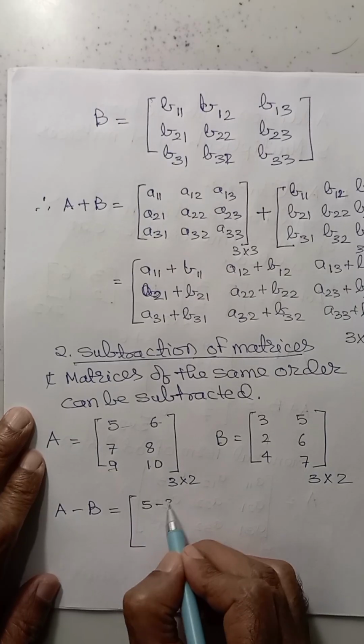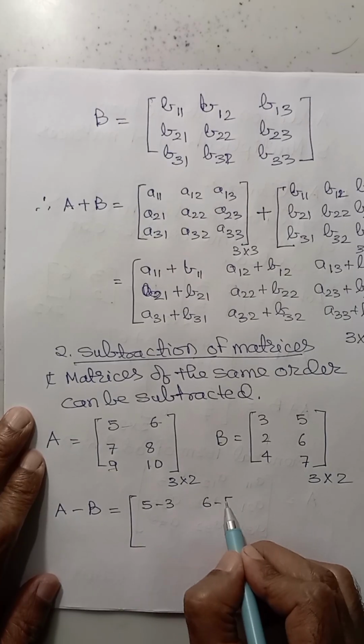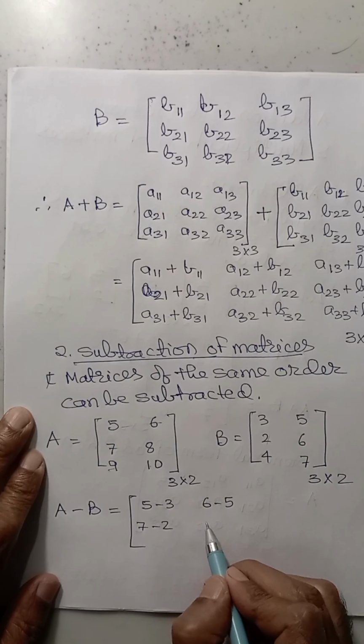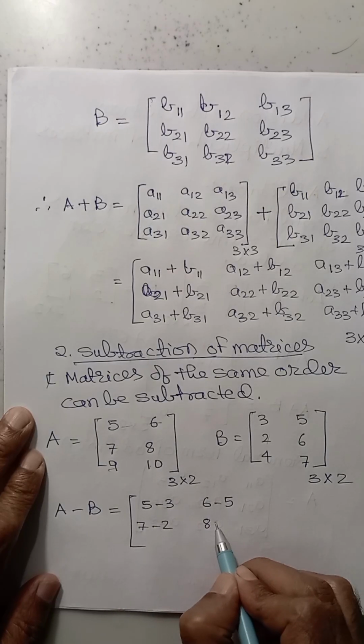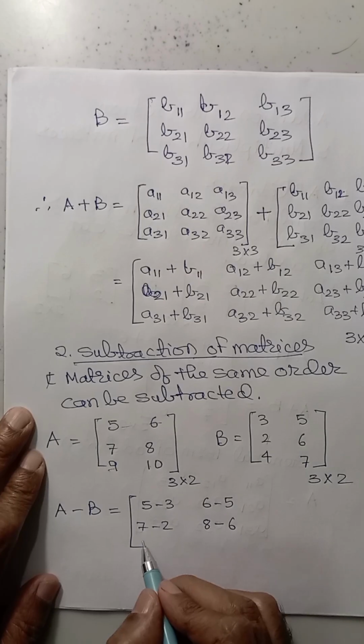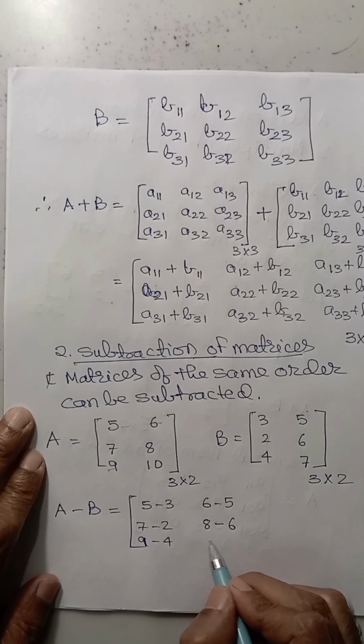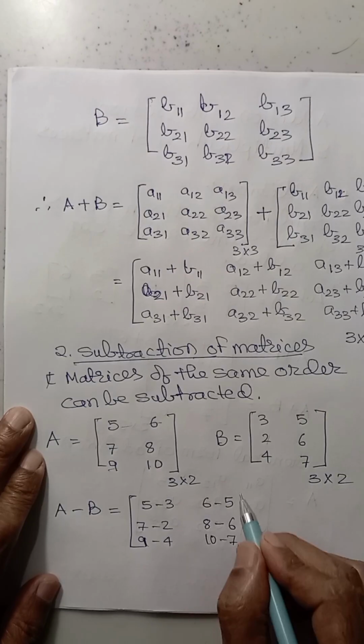5 minus 3, 6 minus 5, 7 minus 2, 8 minus 6, 9 minus 4, 10 minus 7.